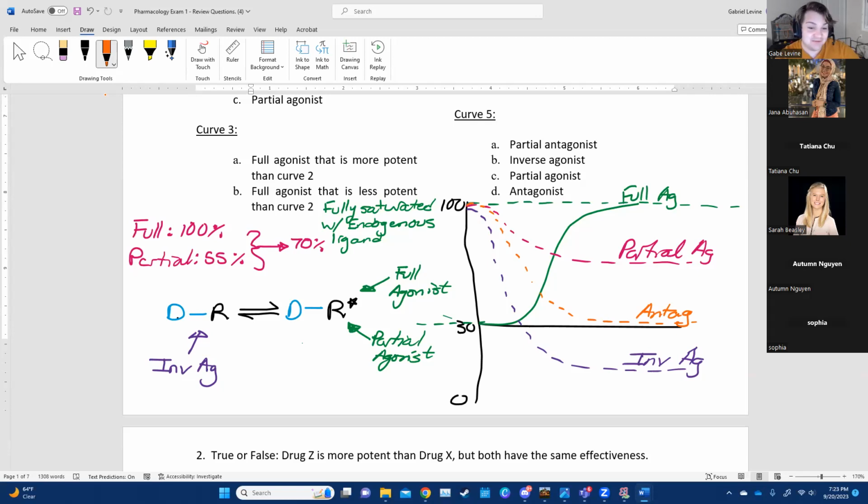It's actually a trick question because the answer is both. An antagonist is going to be trying to restore the basal ratio. So whatever the ratio is that produced 30%, it's going to push and pull both sides to keep it where it was. So it's acting on both sides.